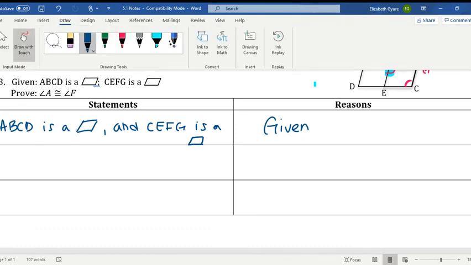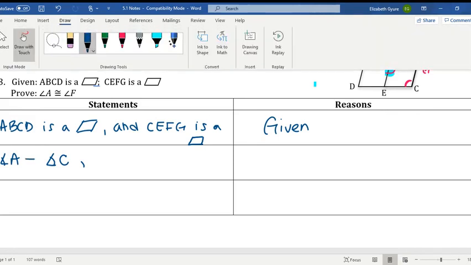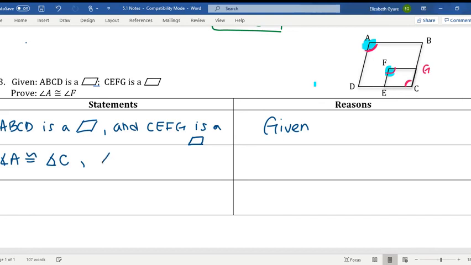So we're going to say that angle A is congruent to angle C, and we're also going to say that angle F is congruent to angle C, and that is because opposite angles of a parallelogram are congruent.